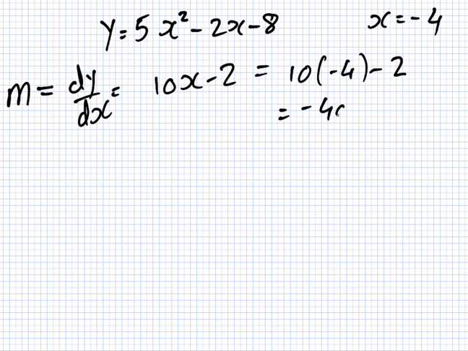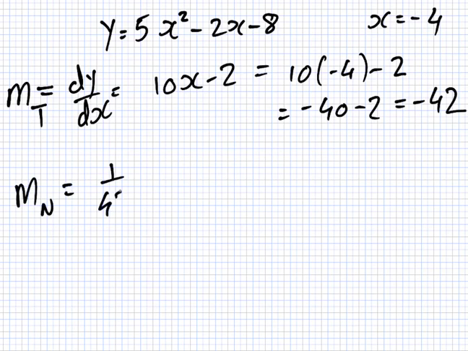That is minus 40 minus 2. That's minus 42. But that's not the slope we want. That's the slope of the tangent. We want the slope of the normal. Well, because it's perpendicular, all I need to do is change it into that. And that's all. Now I can continue as normal.